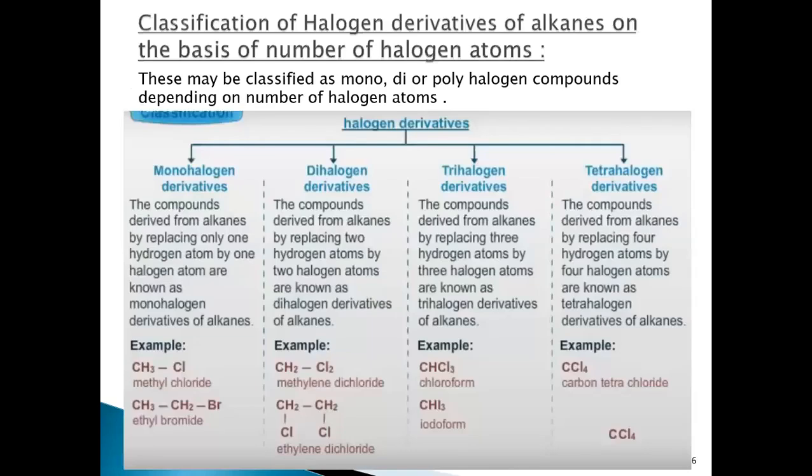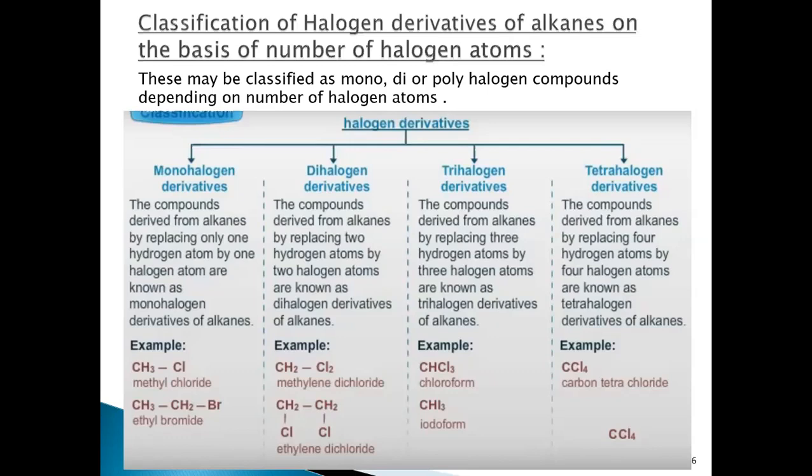Now, on the basis of the number of halogens present in the alkyl halide, it may be classified into monohalogen derivative, dihalogen derivative, trihalogen derivative and tetrahalogen derivative. You can see that classification here. First one is monohalogen derivative. When in the compound only one hydrogen atom is replaced by one halogen atom, then the compound is known as a monohalogen derivative of alkanes.